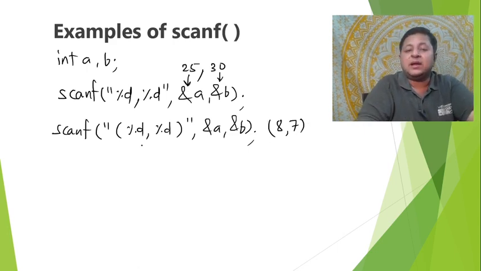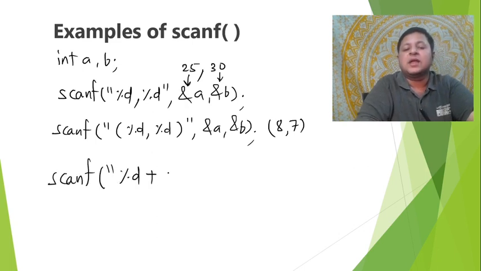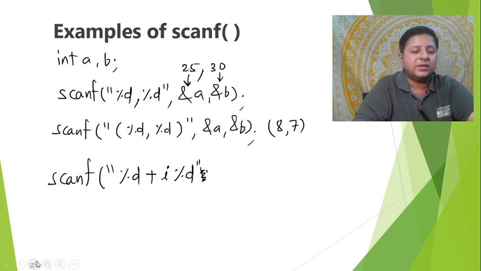I can even make arrangement for reading a complex number or something like that. Let's say %d plus, let's say i, %d, something like that. Slash n is not allowed, sorry. So this will not be there. Okay, I'll erase it. And then I can read simple integers.